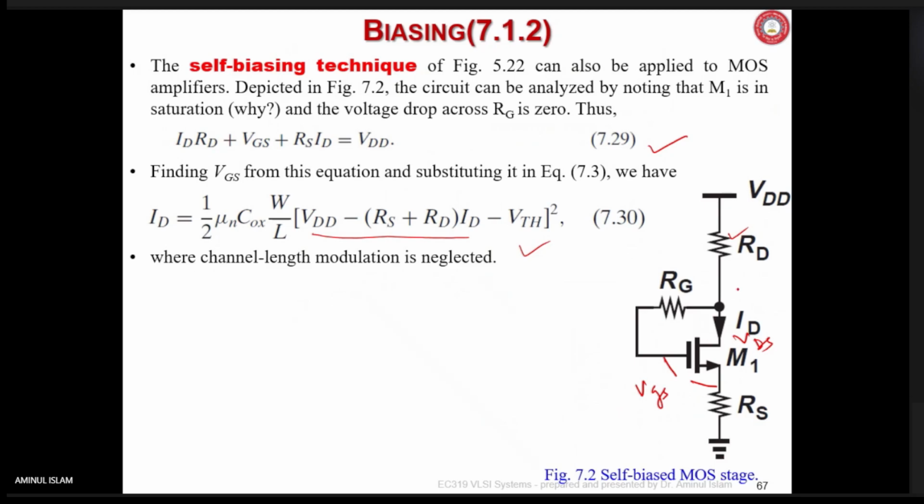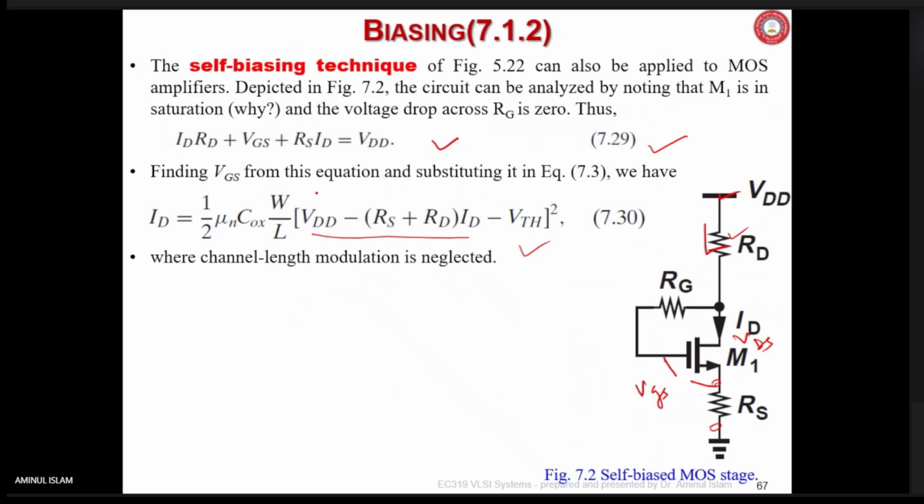This we have already discussed, the self-bias MOS stage. We can write down this equation because VDD equals the drop across this resistor, then VGS plus the voltage across this source degeneration resistor.